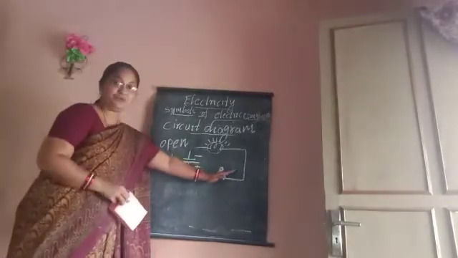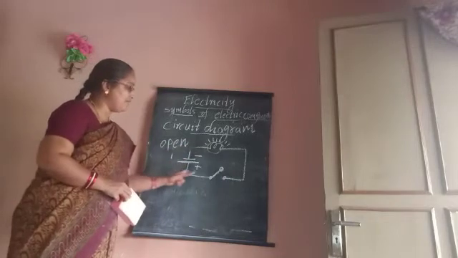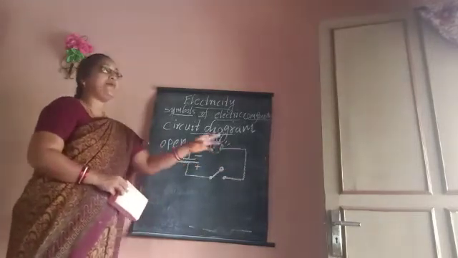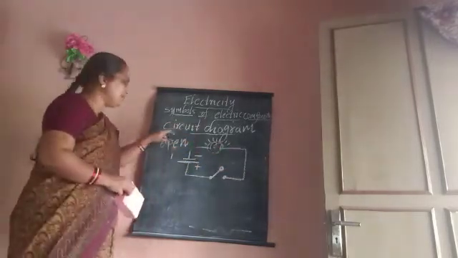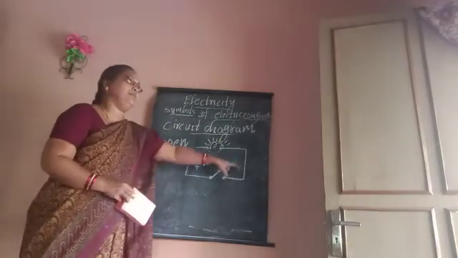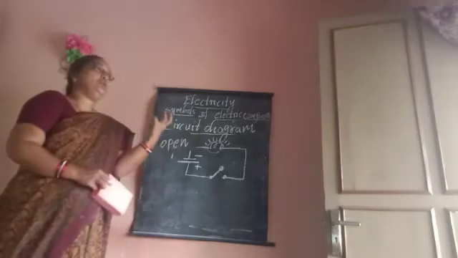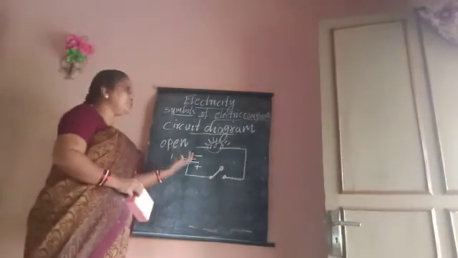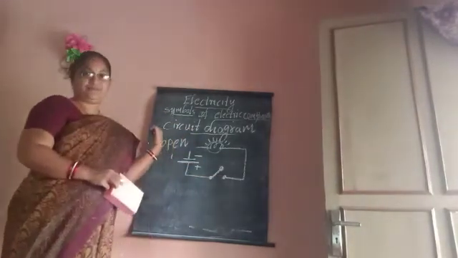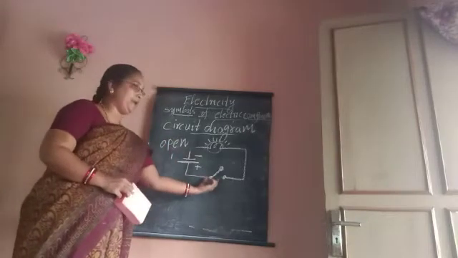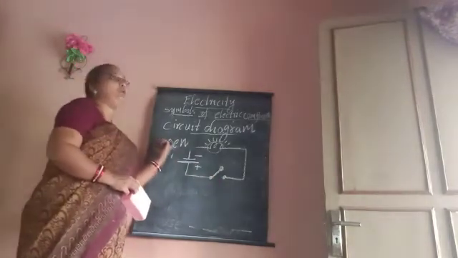Here there is a gap. The connecting wires also should not have any gaps, then only will electrical energy flow throughout the circuit. Here the switch is open, so no electricity can flow through this circuit. If the switch is open, it is said to be an open circuit.